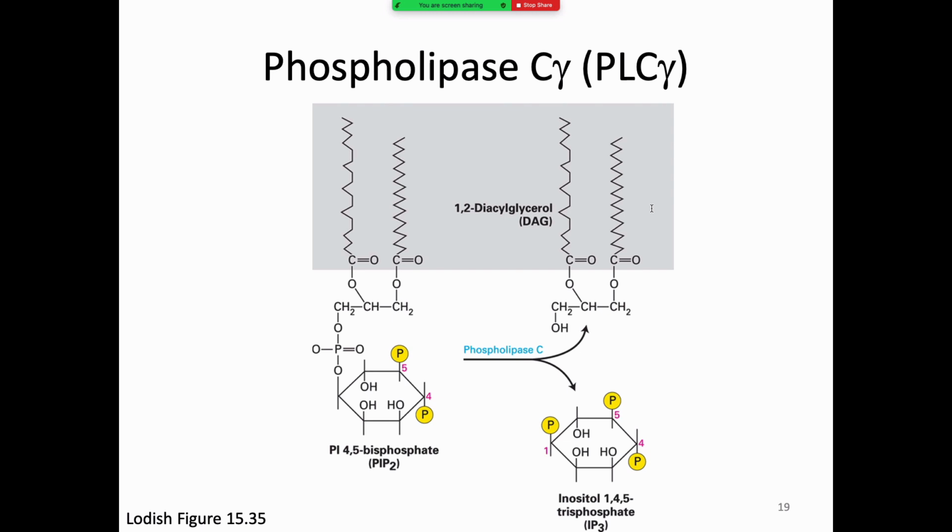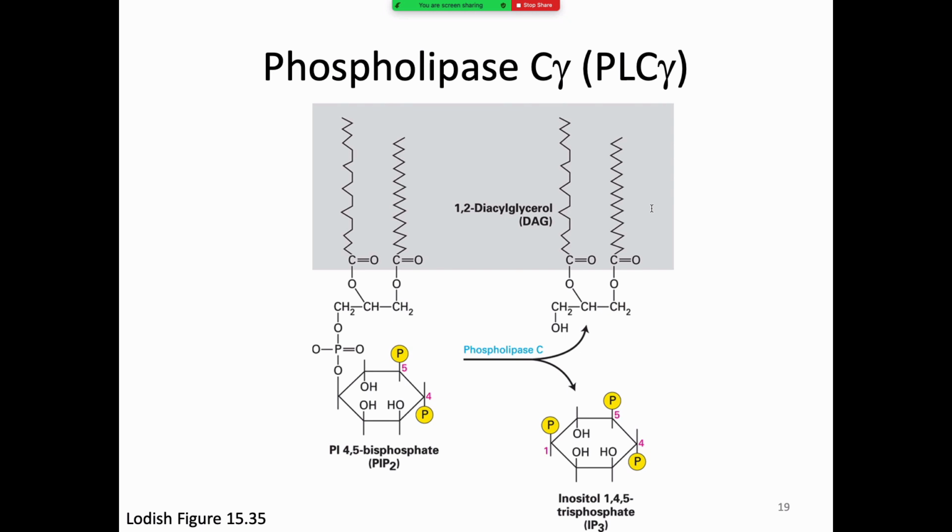You guys got it. All right, so phospholipase. Can you remind me what we were saying phospholipase is? It cuts phospholipids. It actually cuts a few phospholipids, but we only care about one thing that it does. Phospholipase C, particularly PLC gamma, will take this phospholipid that you see here.